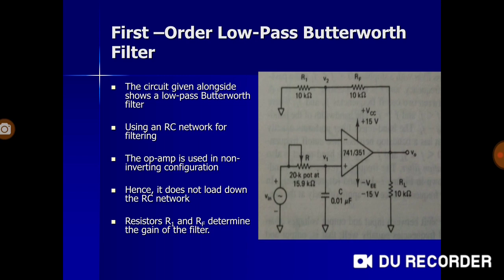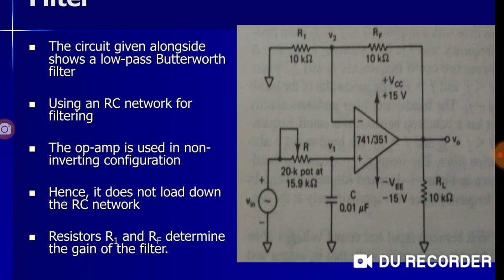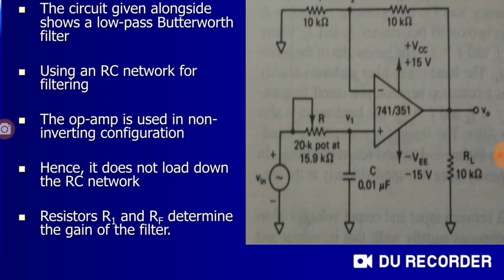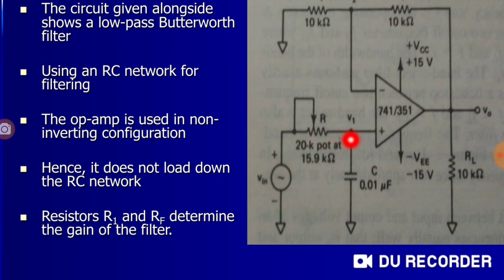Now, let's take a look at the first order low pass Butterworth filter. If you look at this, there is an op amp, of course, which is in the non-inverting configuration, because the input is applied here to the non-inverting input terminal, and the two resistances R1 and RF are connected to the inverting input terminal, but this end is grounded.